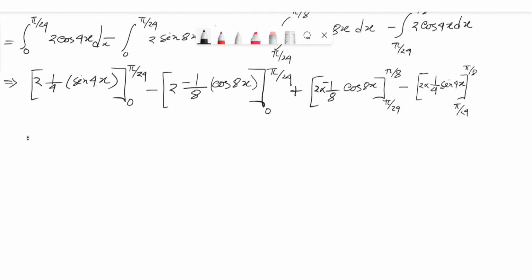So to solve this one, from this one it simply gives us 1 by 2 that will come out, and first we need to put the upper limit, then the lower limit.